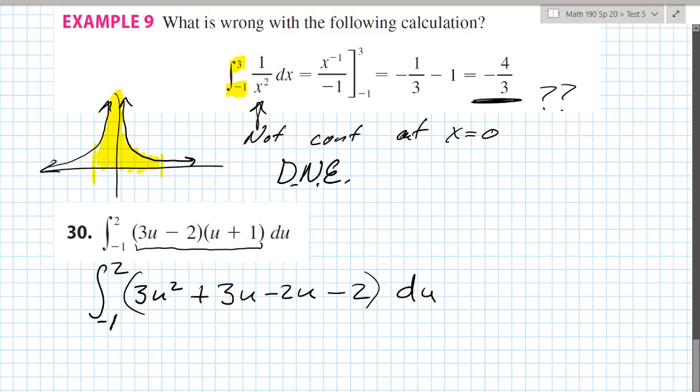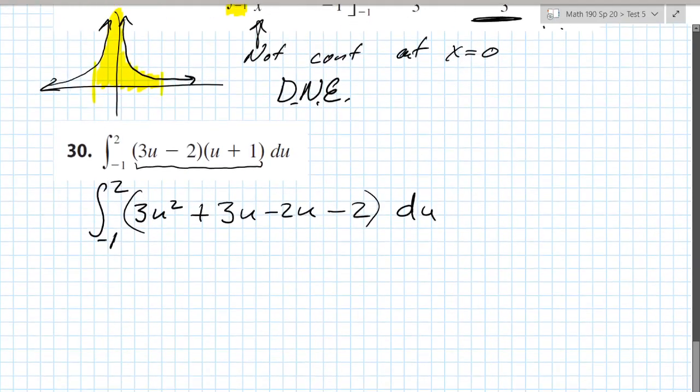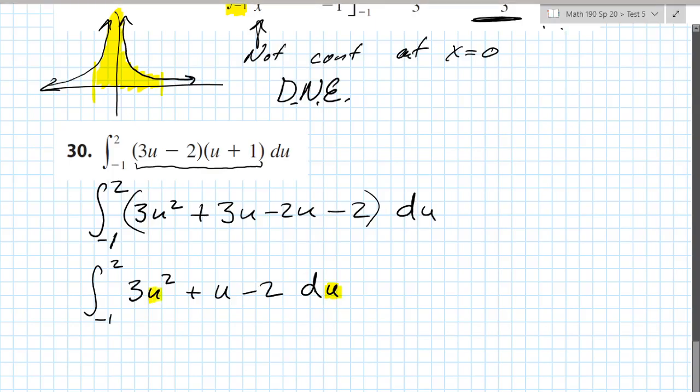Can we find an antiderivative function for this function? The answer to that is also yes. We can use the power rule to do this, but I'm going to combine like terms first. When I combine like terms, we've got 3u squared plus u minus 2 du. Notice in this problem, our variable is u.